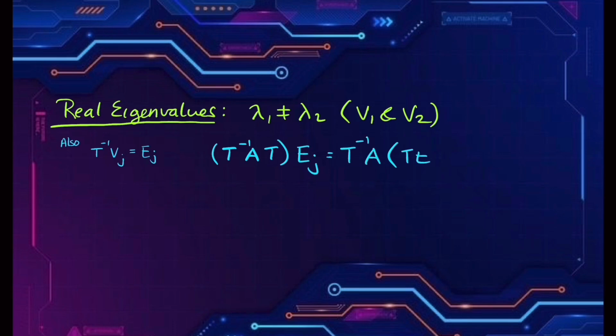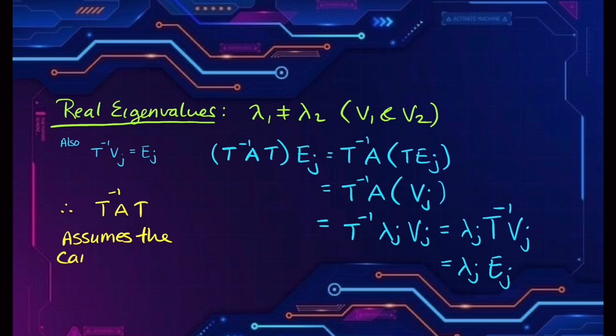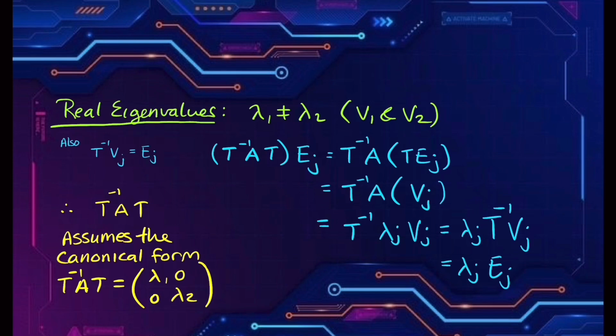So if we compose the matrix T inverse AT and apply it to the basis vector Ej, it produces the eigenvalue lambda j times the basis vector Ej. Therefore, T inverse AT assumes the canonical form where our eigenvalues are along the diagonal and the other entries are 0. Real and distinct eigenvalues take on that canonical form.